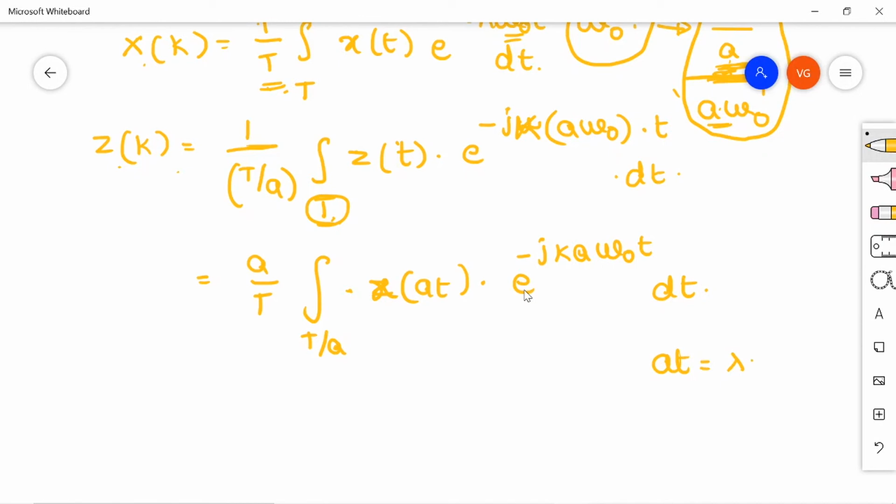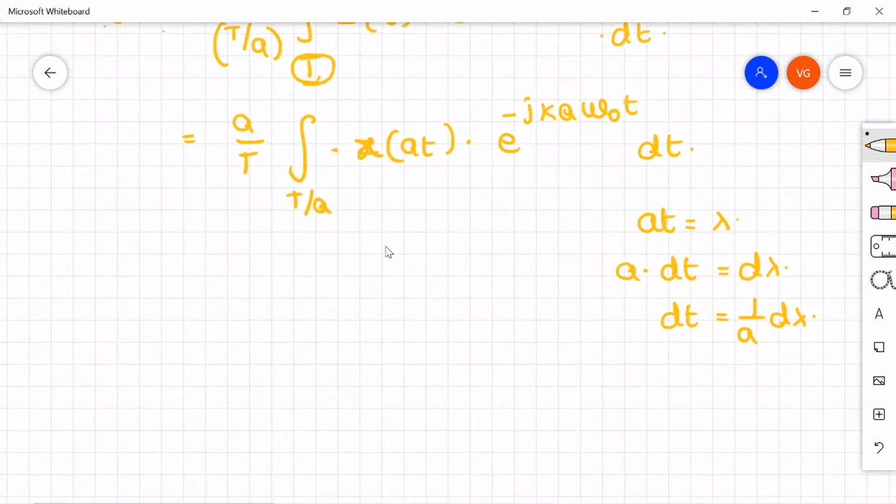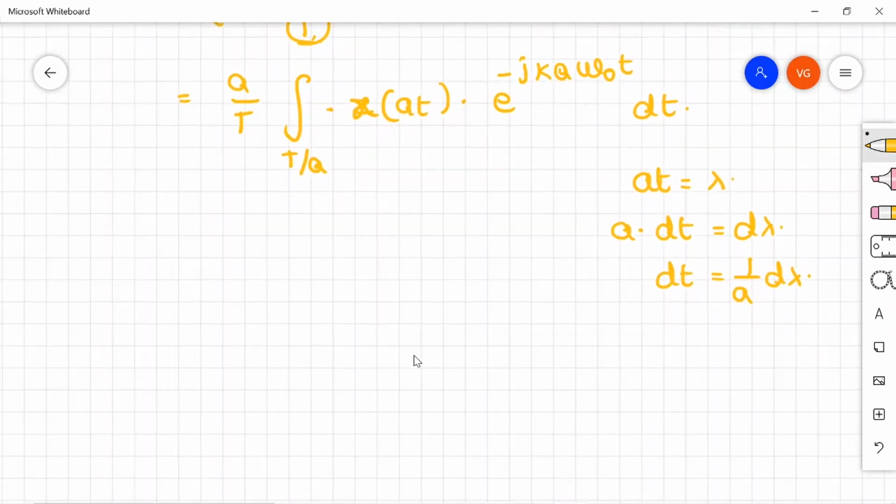Then if you differentiate both the sides, a into dt is equal to d lambda. So dt can be replaced as 1 by a d lambda. I have just differentiated on both the sides. Now I am replacing the variable of integration from dt to d lambda.